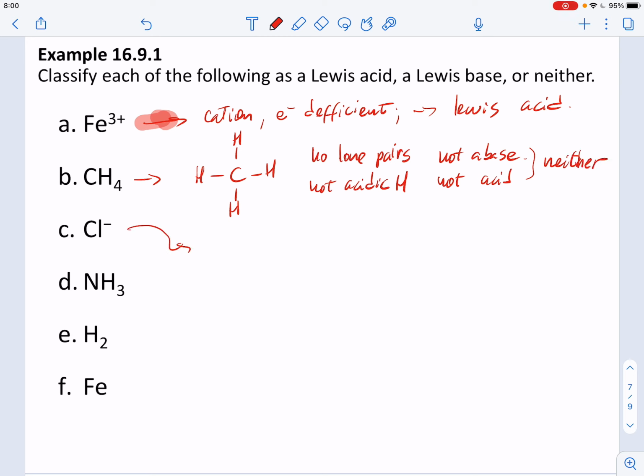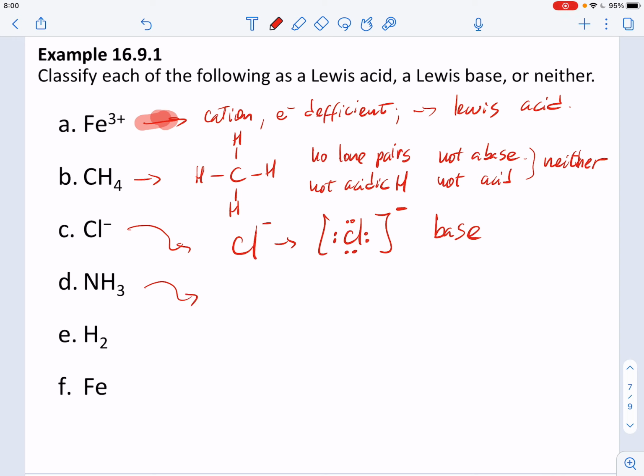Now here, this is chloride, right? And we can represent chloride as simply the chlorine atom with a negative charge, and then we have actually 4 lone pairs around chloride. The presence of lone pairs is all you require to classify that as a Lewis base, so this is actually a base.